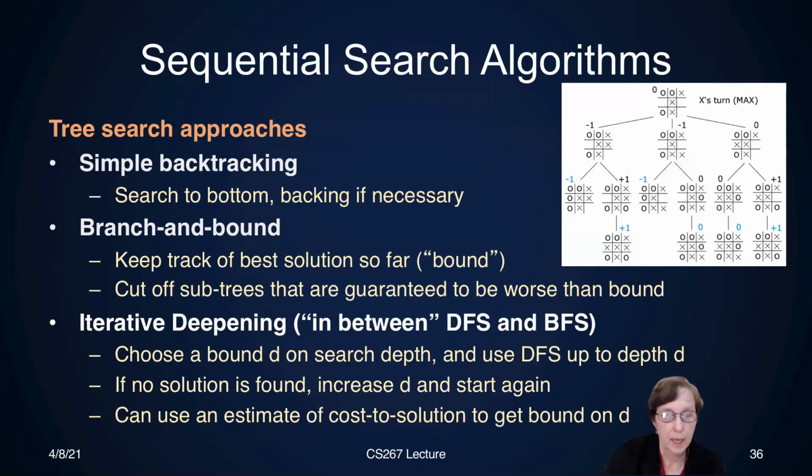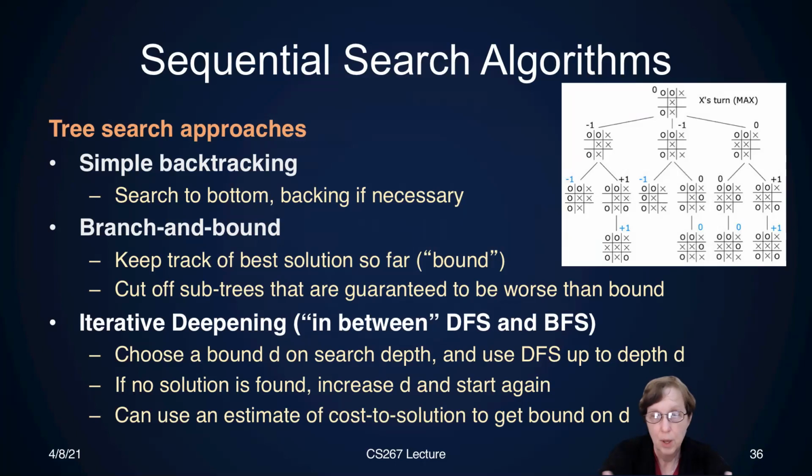So in a game tree search, we can use various approaches for expanding that tree. A simple backtracking search might search all the way down to the bottom and then go back if you don't find a winning board. Branch and bound keeps track of the best solution you've seen so far and cuts off subtrees that are guaranteed to be worse than that.